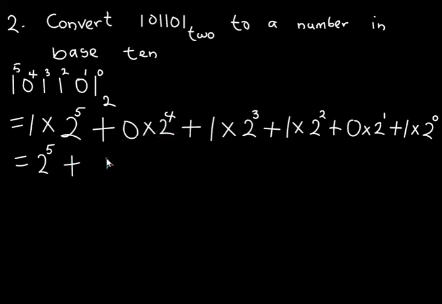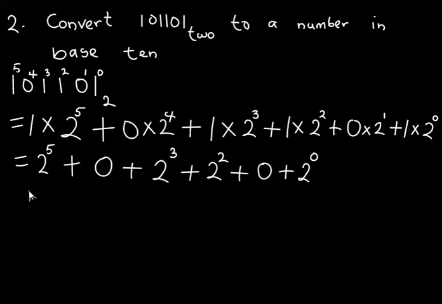So 0 multiplied by this will give us 0, and plus 1 multiplied by 2 raised to the power of 3 will give us 2 raised to the power of 3, plus 1 multiplied by 2 raised to the power of 2, and then we have 2 raised to the power of 2, plus 0 multiplied by this, of course, is 0. 0 means absolutely nothing. So we have 0 at this stage here, then plus 1 multiplied by 2 raised to the power of 0. Now, from laws of indices, any number to the power of 0 is equal to 1. So we shall simplify that below.